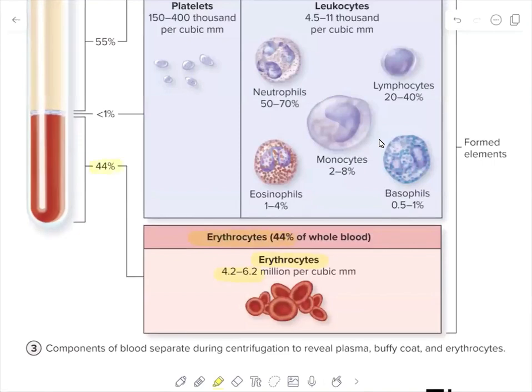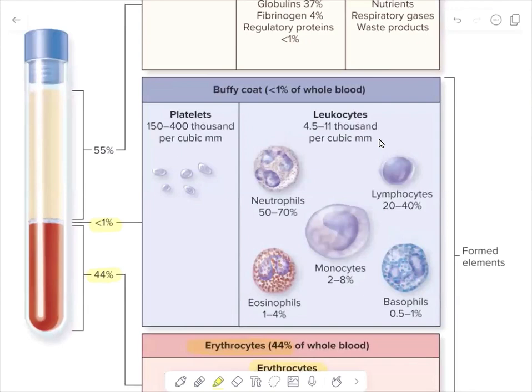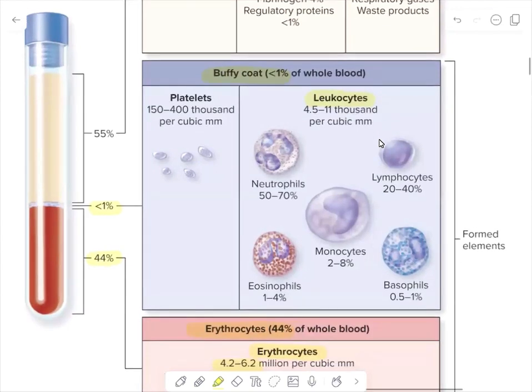Above that is the about 1% or maybe less than 1% called the buffy coat, and that's made up of leukocytes. And the different leukocytes in order of the greatest amount to the least is the neutrophils account for over half. Lymphocytes are 20 to 40%.